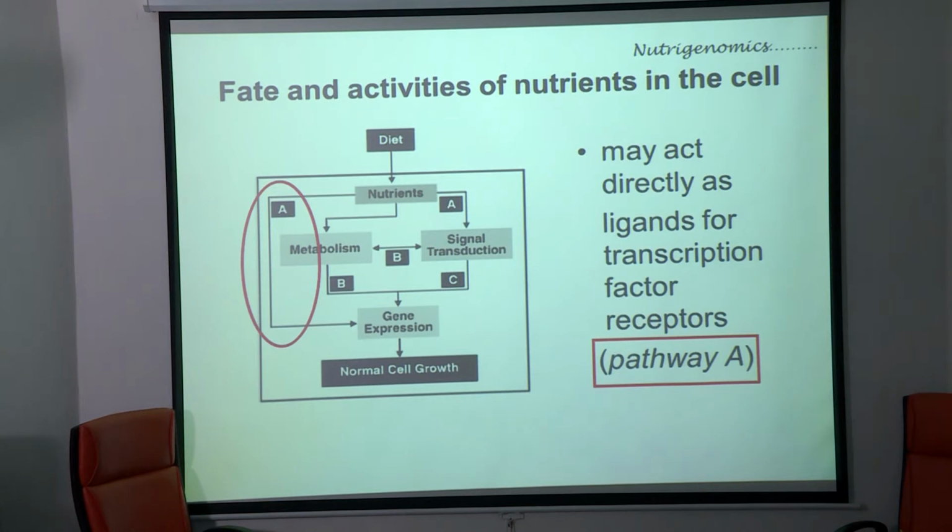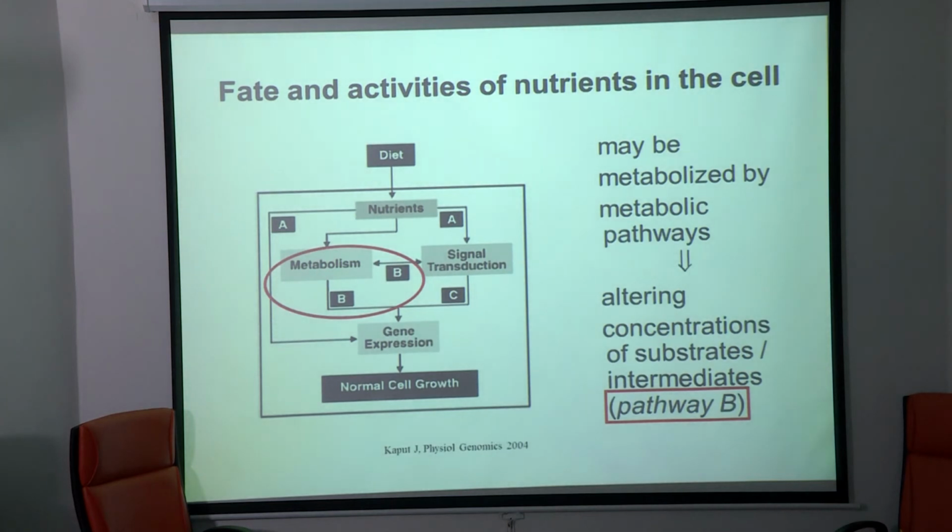And the food that you eat can undergo several fates. There can be a pathway A in which it can directly serve as a ligand for a transcription factor, and it can therefore impact the gene expression and the normal cell growth. Or it can be metabolized, and the altered concentration of the substrate and intermediates will then impact the gene expression.